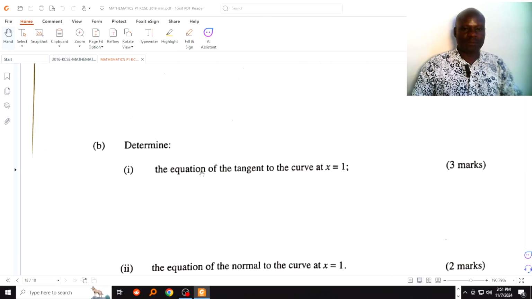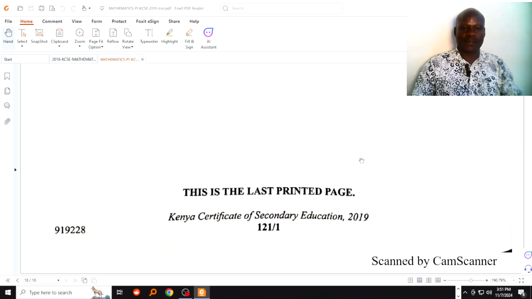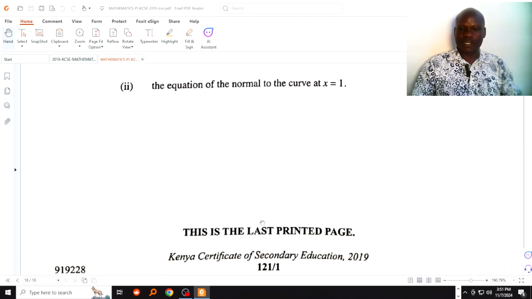Then part B, determine the equation of the tangent to the curve at x is equal to 1. That's 3 marks. Then part B2, the equation of the normal to the curve at x is equal to 1. That is 2 marks. So let's consider the solution.